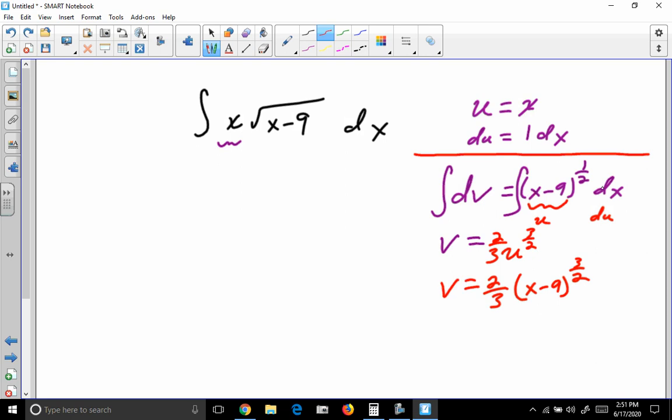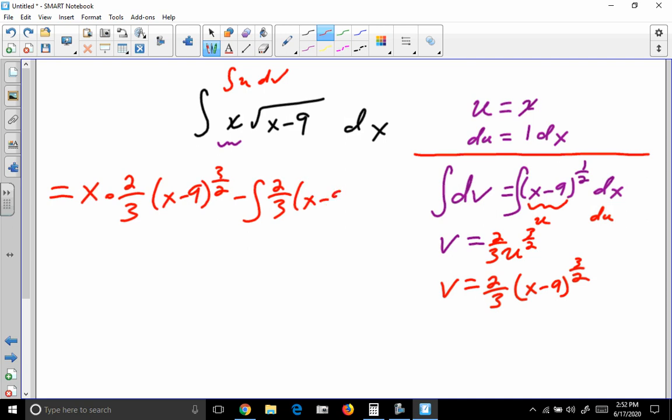Again, since this is the derivative of that, we essentially have u to a power, so u to the 1 bigger power over that power, so times 2/3, where u is x minus 9. So since that's the integral of u dv, that integrates in times v minus the integral of v times du.